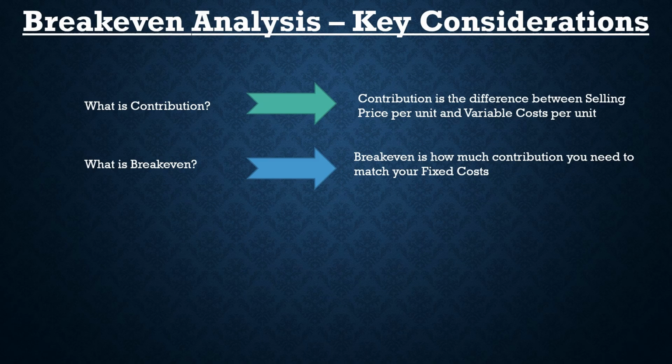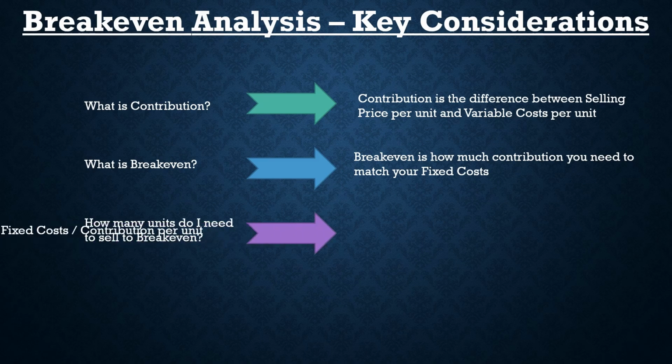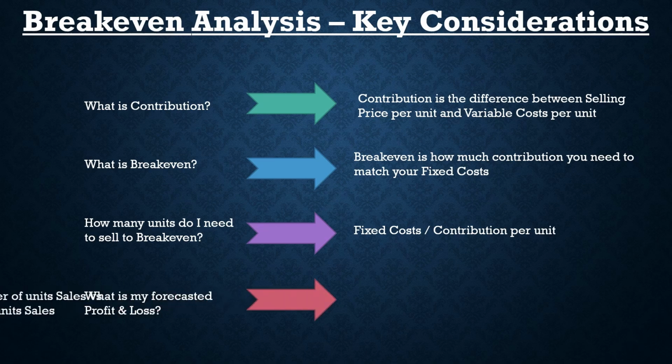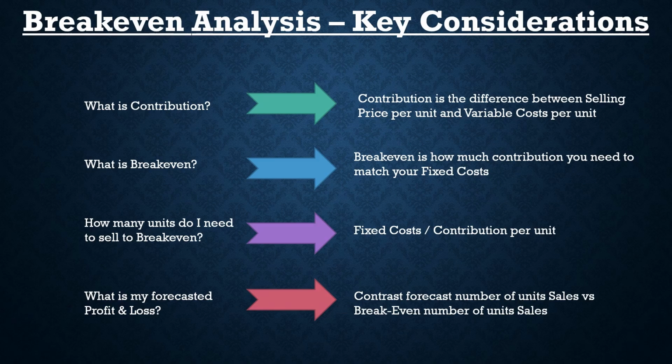How many units do I need to sell to break even? Fixed costs divided by contribution per unit. What is my forecasted profit and loss? Contrast forecast number of units sales versus break-even number of unit sales.